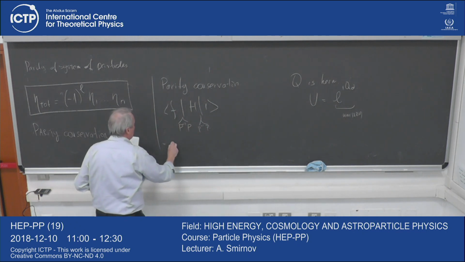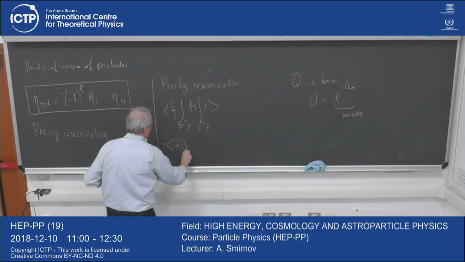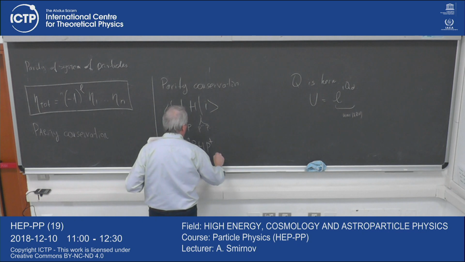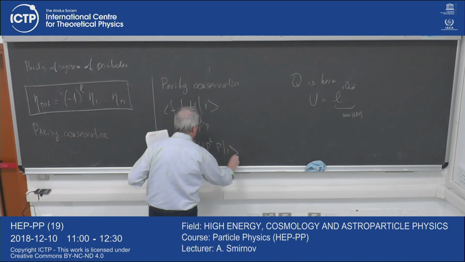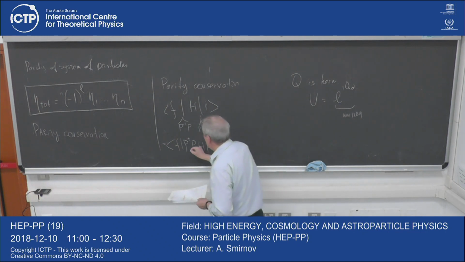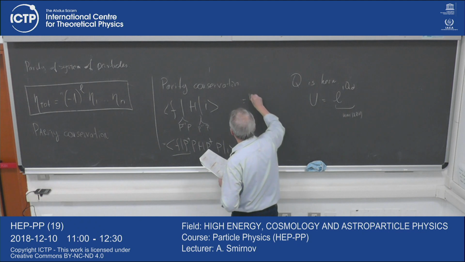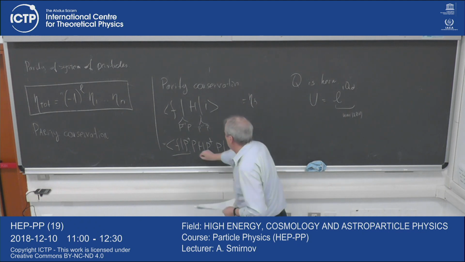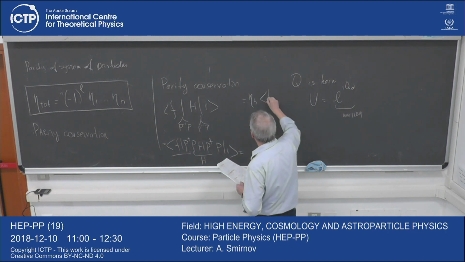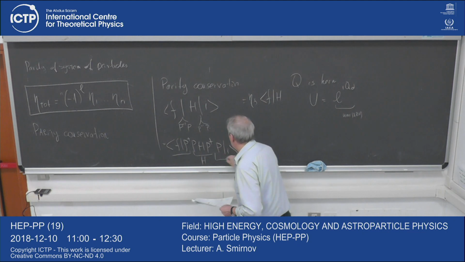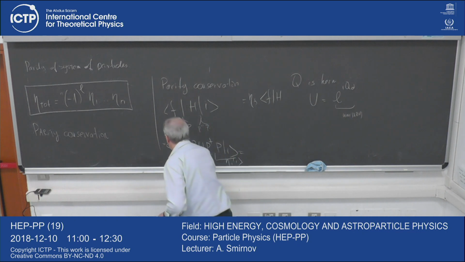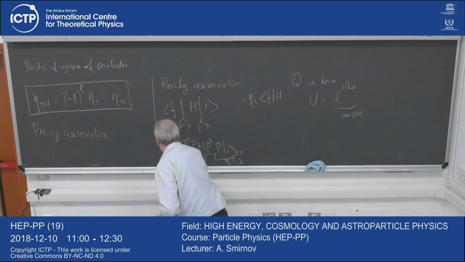And therefore, I can write this as F P† P H P† P I. And so that will give me eta F, and invariance tells me that this is the Hamiltonian, and this will give me eta I, the initial state, and this is F, eta final state.